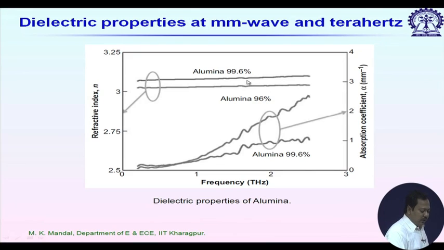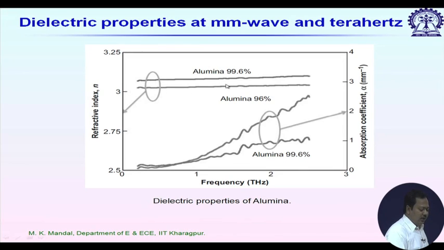They are comparing two values, one for case 1, which is almost very pure alumina, 99.6% alumina, and the second one is 96% alumina.